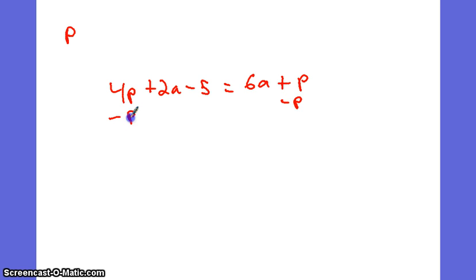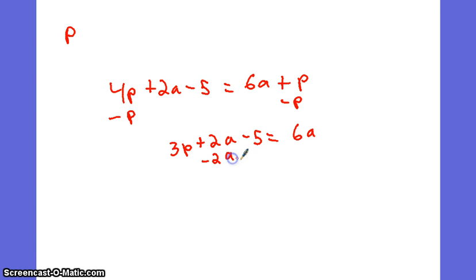Now one more. Solve for p. 4p plus 2a minus 5 equals 6a plus p. To do that, I want to subtract p on both sides. Okay, that gives me 3p plus 2a minus 5 equals 6a.